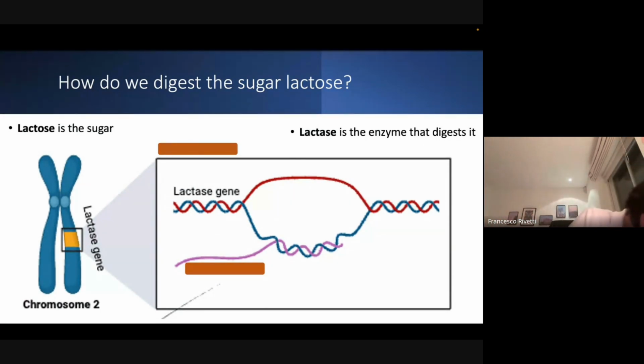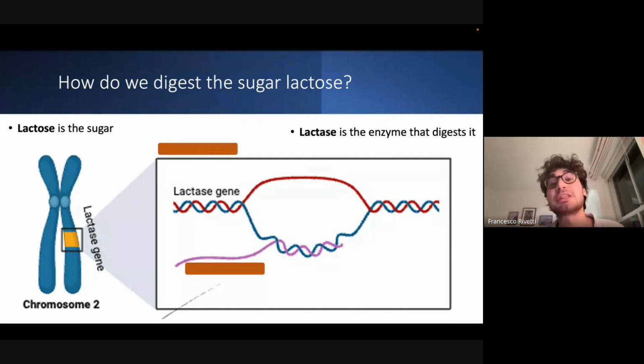I'm checking the group chat for questions, and yes, perfect. So let's say that you are a human drinking milk. What happens when the milk encounters your stomach and small intestine? How will your body digest the lactose?